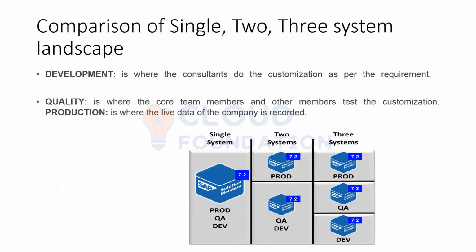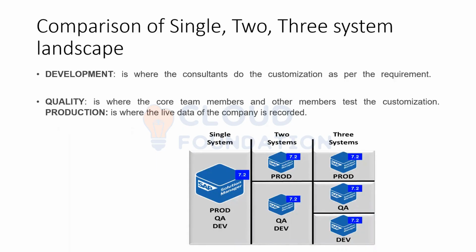Why do you need quality? In other ERP systems, in some places you have just a staging environment and the normal environment. You deploy everything on staging, the end user completes the UAT, and then you put it on production. Why do you need one more server? How does it add additional protection to the system?